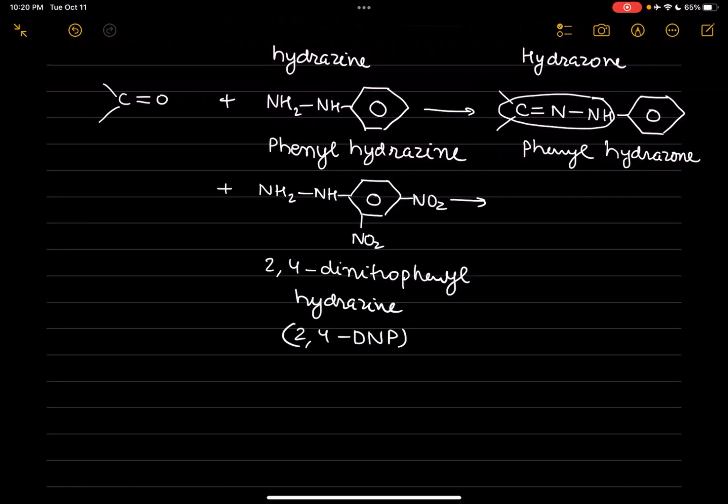And the product which you are going to get is 2,4-dinitrophenylhydrazone, exactly.